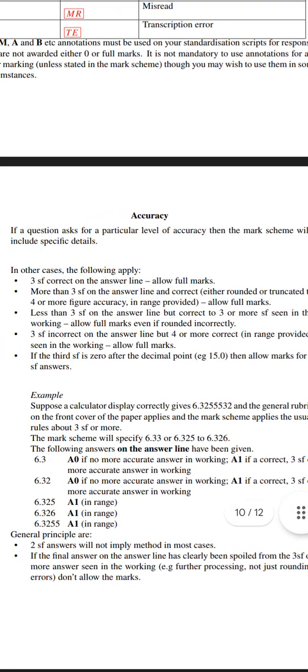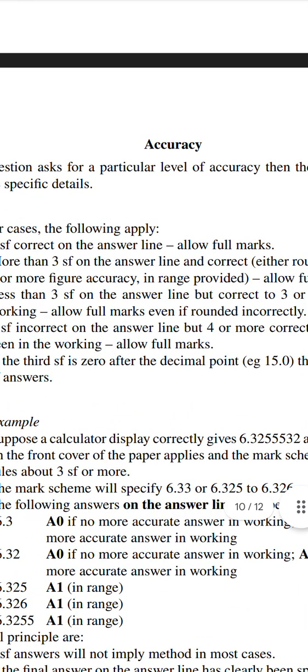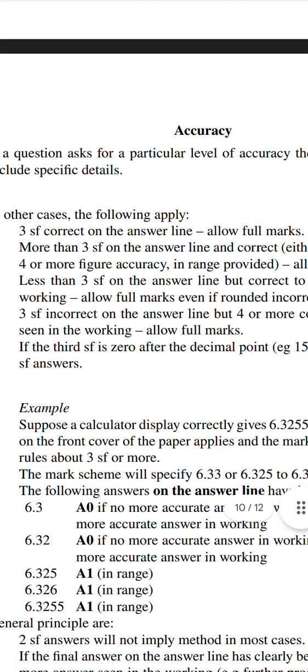Seen in the working means that if you keep three decimal places during the working, it will still count even if you round it incorrectly in the answer space.